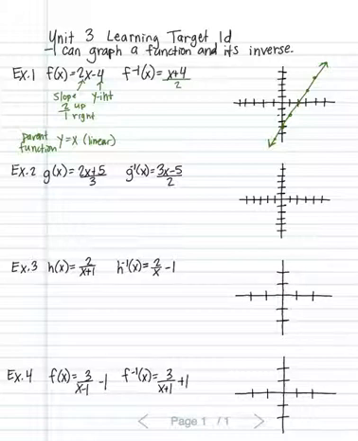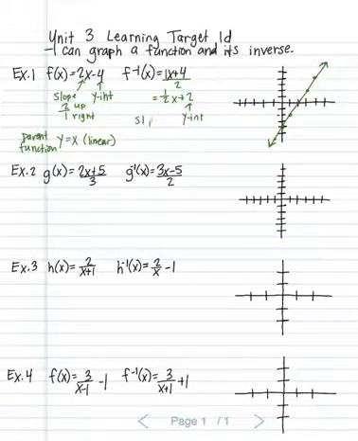So if we put a 1 in front of x, we could rewrite it as 1 over 2 x plus 4 divided by 2 is 2. Looking at it like that, it's pretty clear that our y-intercept is 2 and our slope is 1/2.